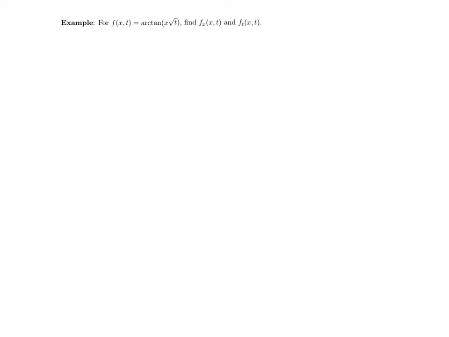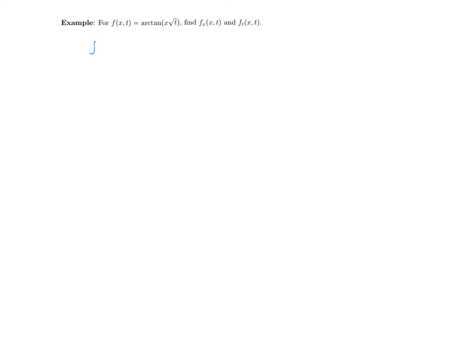Just to get some more practice with the partial derivative, I have the function arctangent of x square root of t. I would like you all to pause your video and take, let's say, 2 or so minutes and see if you can calculate out these partial derivatives. And assuming that you've paused your video and you've done a few computations, let's go ahead and get some details written down.